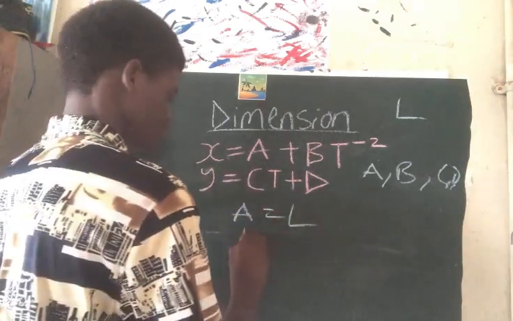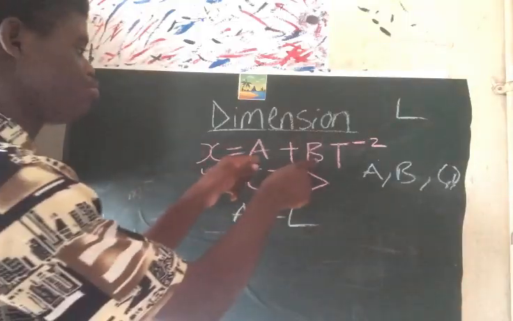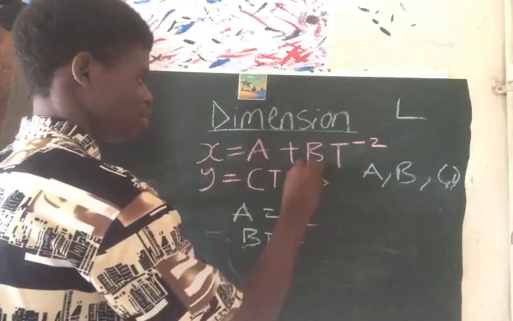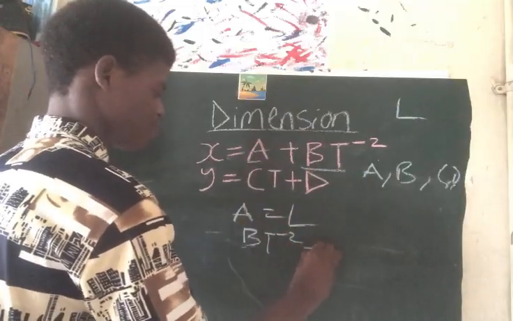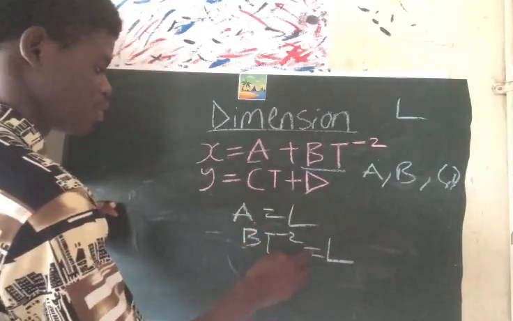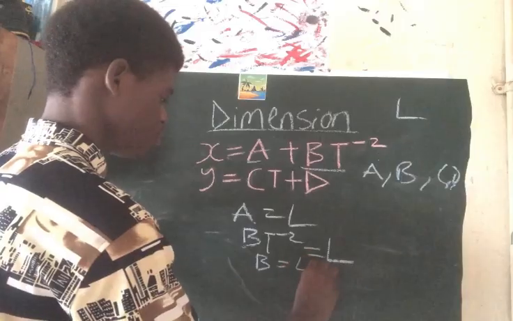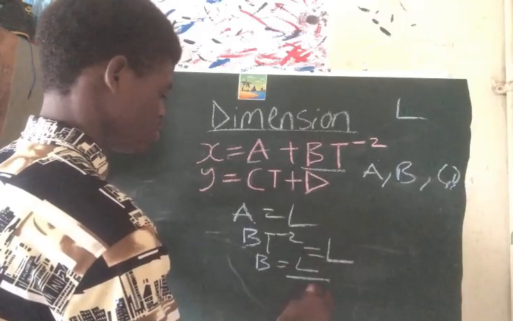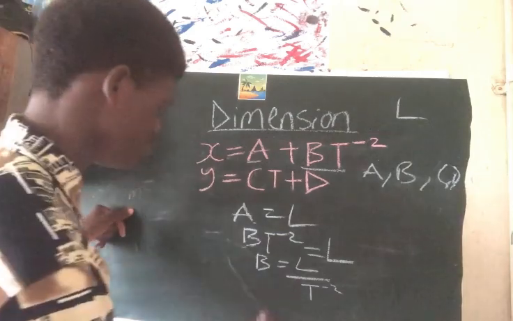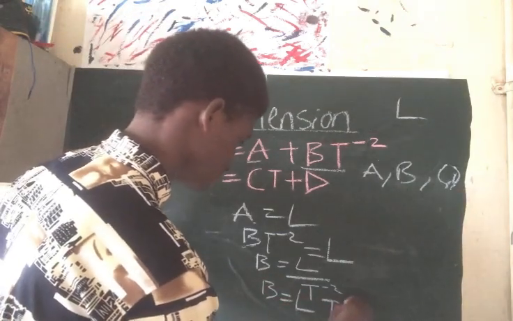Now b. How do you get the one for b? We can say b times T raised to power minus 2. All these terms here are equal to a, and the dimension of a is L, as we've gotten. So b is equal to L over T raised to power minus 2. That will be b is equal to LT squared.